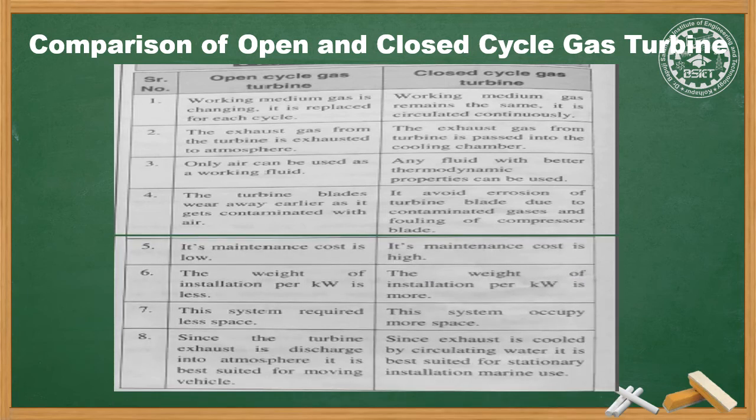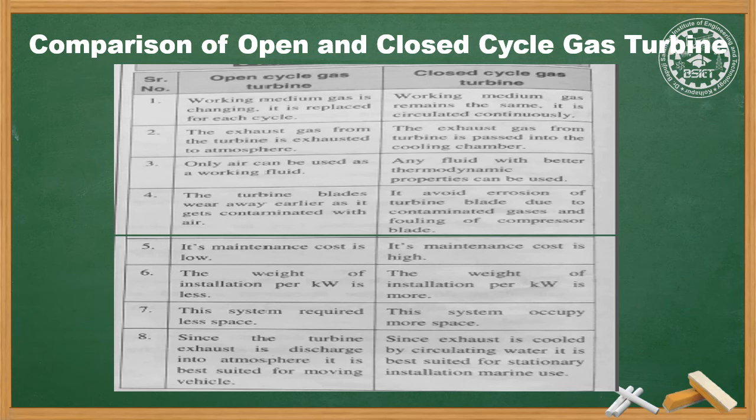Fifth, maintenance cost is low for the open cycle gas turbine, whereas the closed cycle gas turbine has high maintenance. The weight of installation per kilowatt is less for the open cycle, whereas it is more for the closed cycle gas turbine.